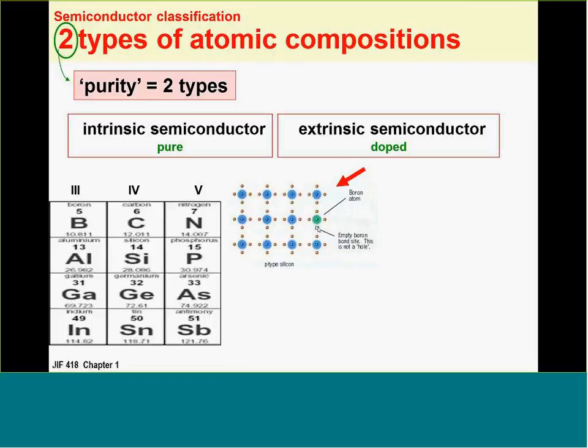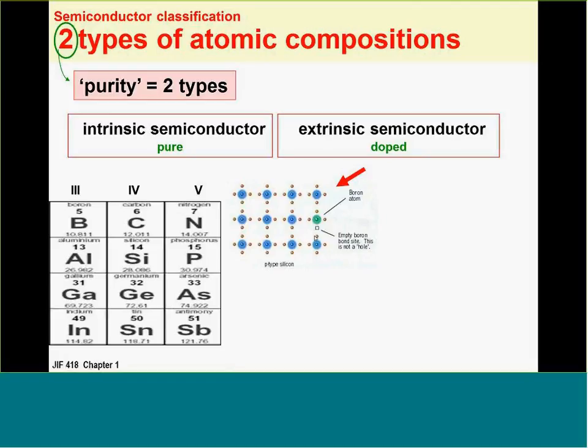So whenever there are extra empty bond sites, more than the host, if you have a lot of them, then your material will become p-type.